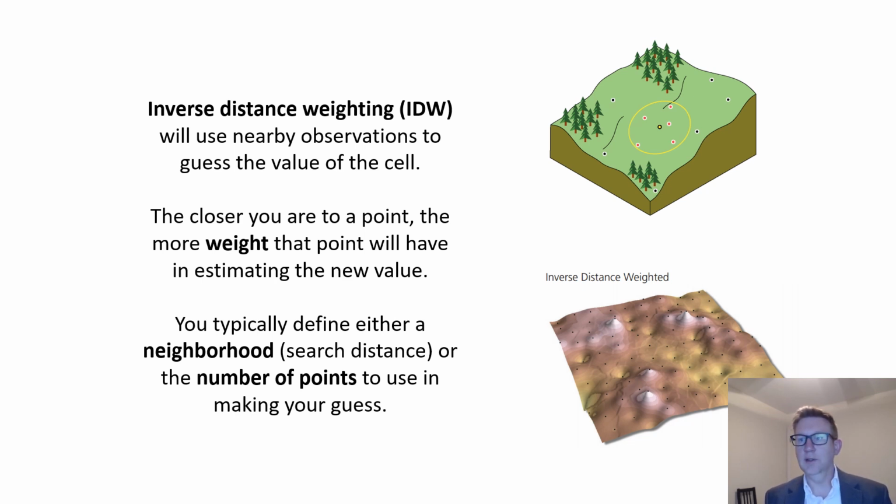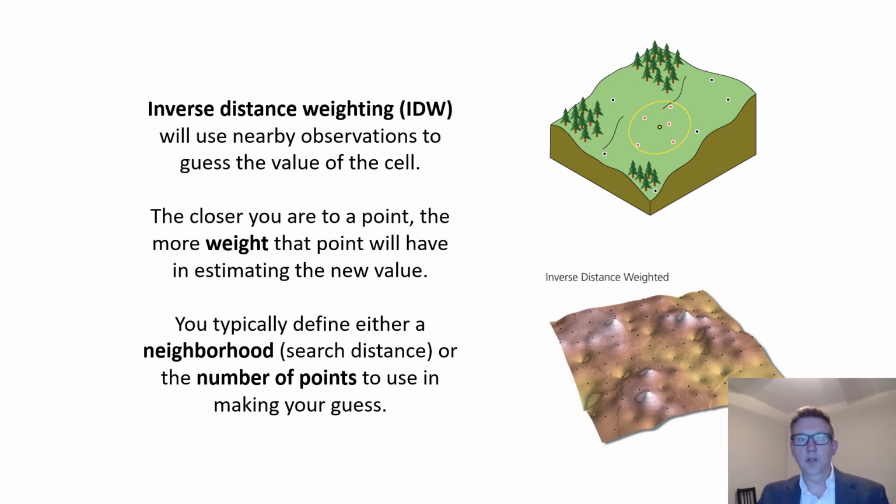Both of these techniques work fairly well. So if you look at the example in the upper right, if I'm at the yellow point and I assign me the value of, for instance, the average of all of the points within a certain distance, I would get what you see here.